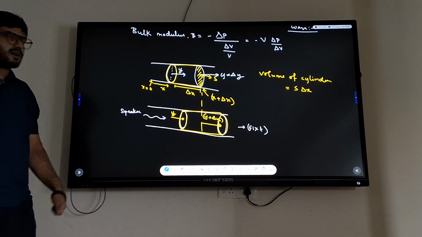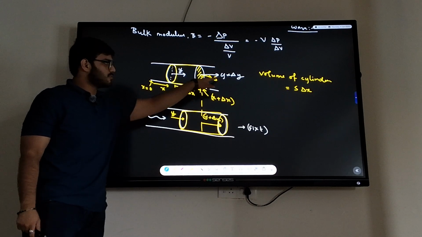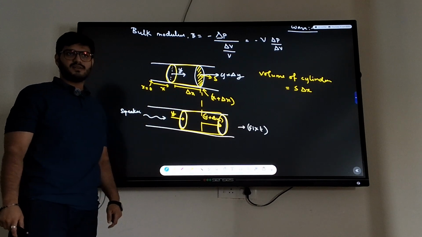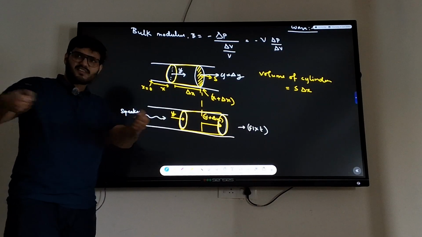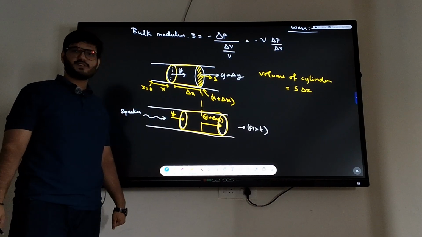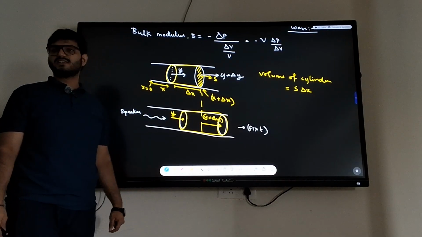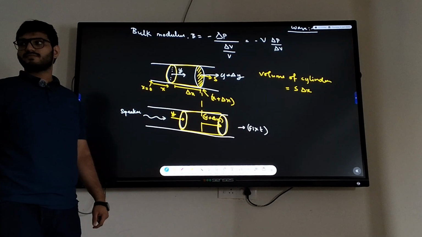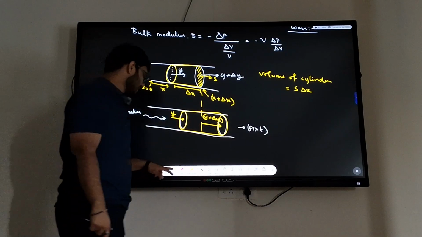What if you move by 5 meters here and by 8 meters there? Then it's as if you have stretched the cylinder, and there will be some change in volume. What will the change in volume be equal to? Can somebody tell me that?